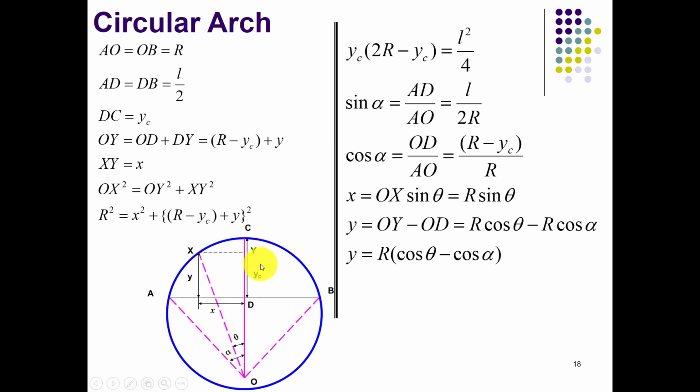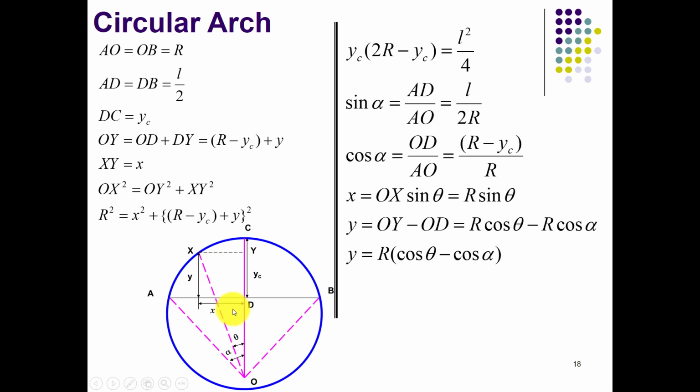We can take this equation from the Pythagoras theorem, where you have a y value which is dropping, which is basically the projection of x at this radius. So you can write this equation in the form of r square.